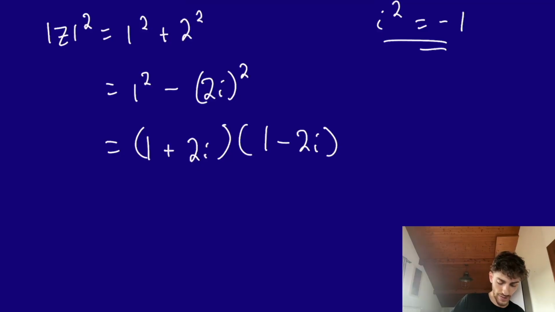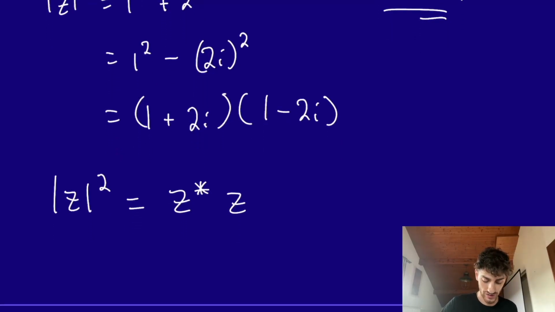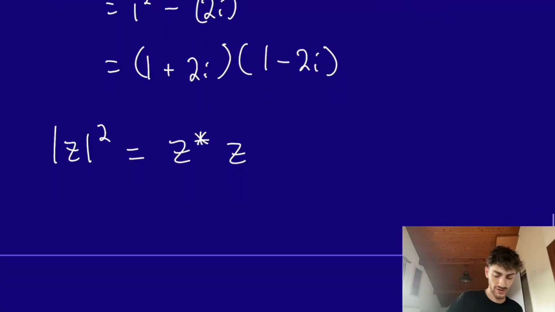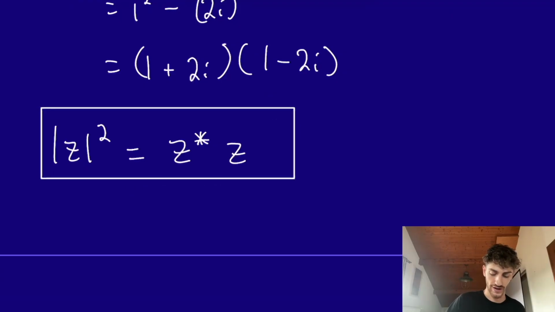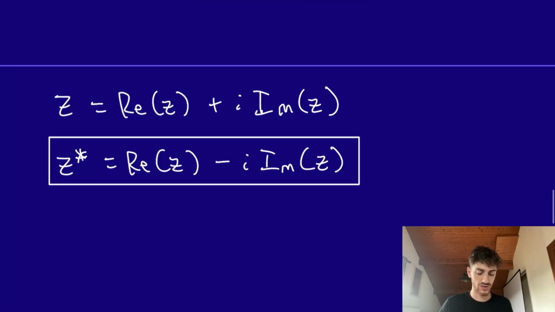So that means that the magnitude of Z squared is equal to Z times the complex conjugate. So Z star is the complex conjugate. Okay? So that's how we represent this complex conjugate. And so that's how you can find the magnitude of a complex number. Okay, so I just wrote that out explicitly here. So Z star is the complex conjugate of Z, and this is what makes it a complex conjugate. You put a minus sign instead of a plus sign, okay?